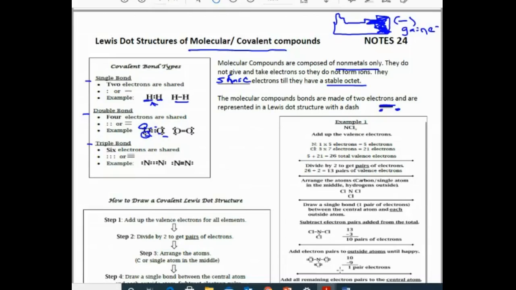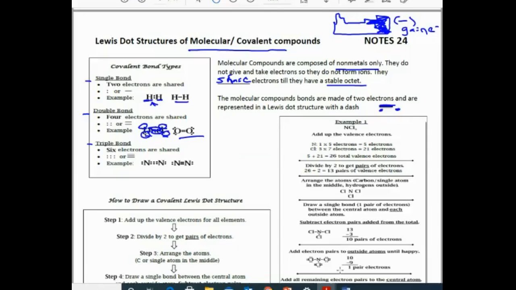And then they're sharing 5, 6, and then they're getting from the other side 7, 8. So with sharing, they have 8 electrons on the outside. Same thing, the other one has 2, 4, 6, 8. So each of them overall have access to 8 electrons on the outside. It looks like that at the end.